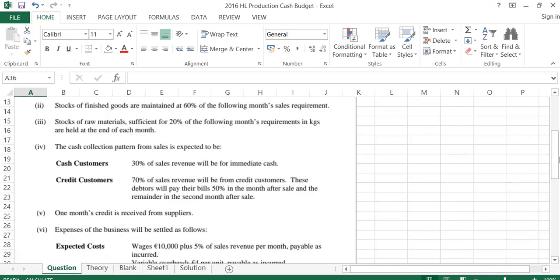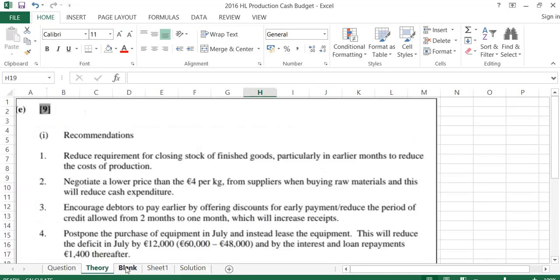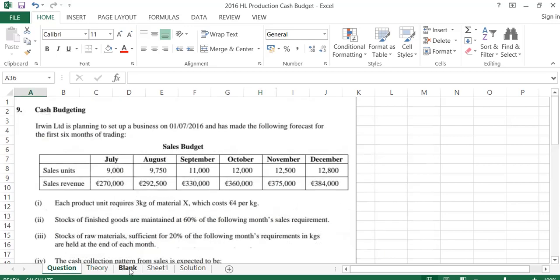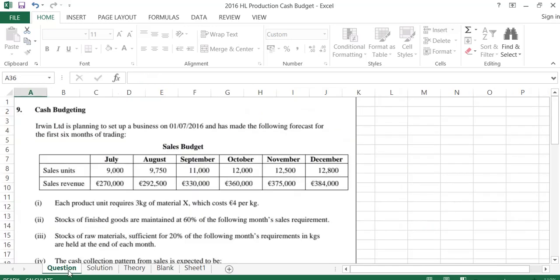So the sales revenue, if I go back to my sales for July, is 270,000. So let's check the percentage.